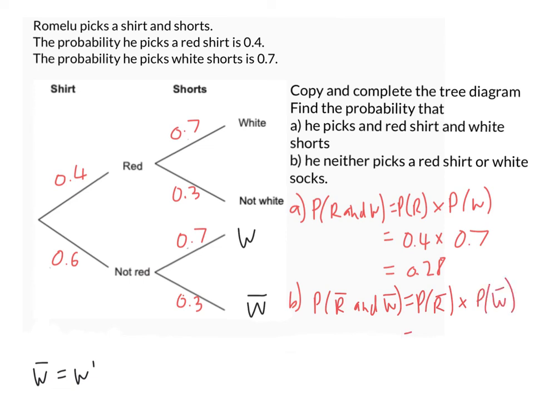Remember, I used the word and there, and for the and statement, we multiply the probabilities because they both have to happen. So, not red, 0.6, not white, 0.3. 0.6 times 0.3 equals 0.18.